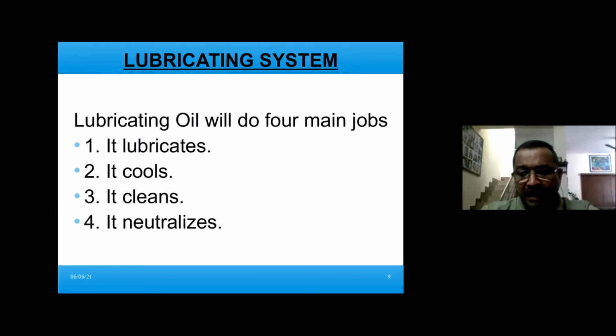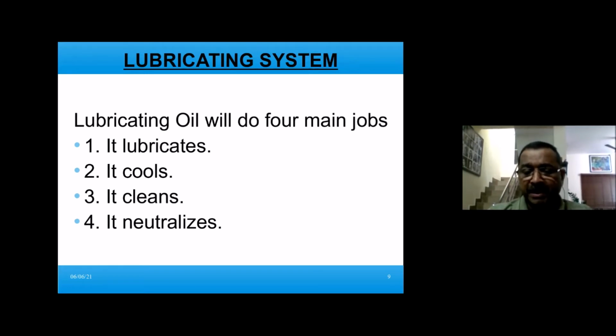So while cleaning the inside of the cylinder, lubricating oil also neutralizes the inside of the cylinder. Otherwise, the cylinder will be damaged at an earlier date.